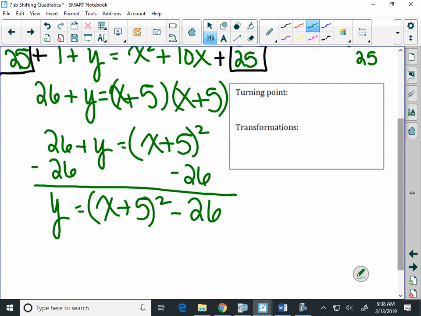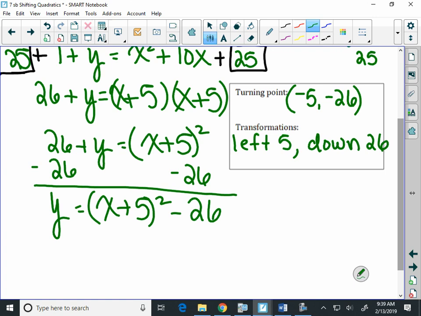That's vertex form. Once we have it in this format, we can identify our turning point. Change the sign, keep the sign. In our transformations, x plus 5 tells us that we're going to move left 5. Minus 26 tells us that we're going to move down 26.